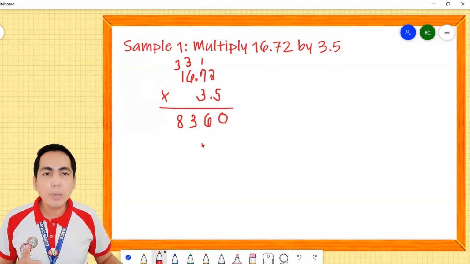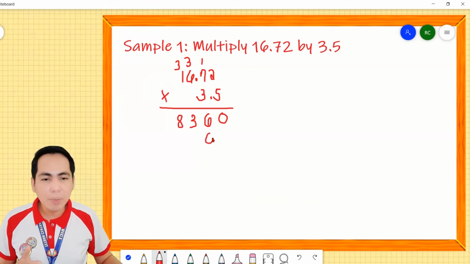And then we are going to multiply also the digit 3. 3 times 2 will give us 6, so you have 6 and then you have 0. 3 times 7 is 21. So 1, regroup 2. 3 times 6 is 18 plus 2, we have 20. So 0, regroup 2. 3 times 1 is 3 plus 2 is 5.